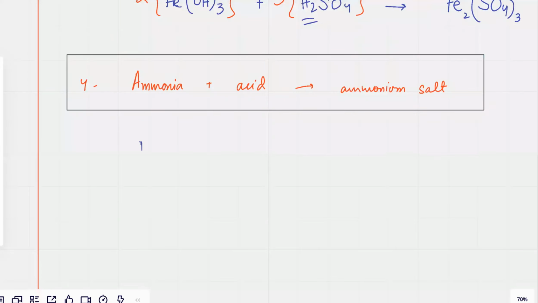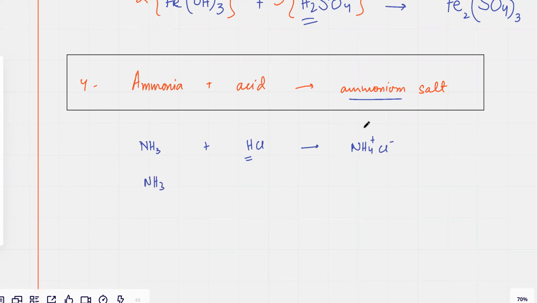Ammonia, remember, is NH3, and the reaction is very simple. If you reacted it with HCl, what happens is that the H gets knocked out and replaced by ammonium. It's an ammonium salt. Ammonium is NH4 plus 1. So instead of the H, you will have NH4 plus 1. That's it. Ammonia with any other acid, the same reaction.